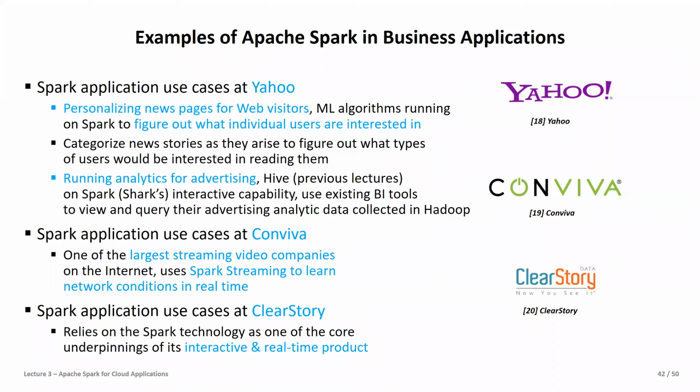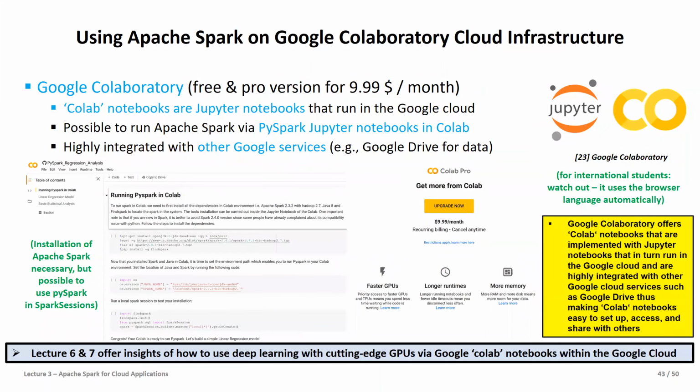And then ClearStory is another example where you have a Spark technology real-time product to look at your data, clear data, and clean data and stuff like this. You see it is all over the business.